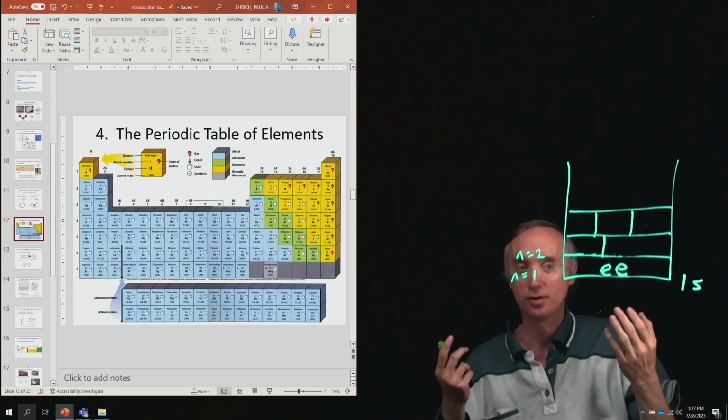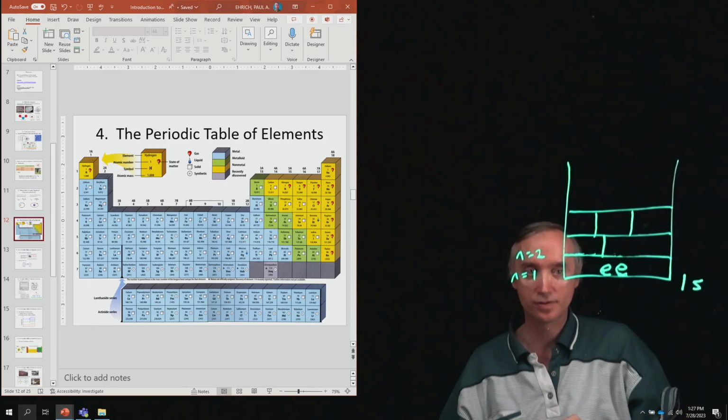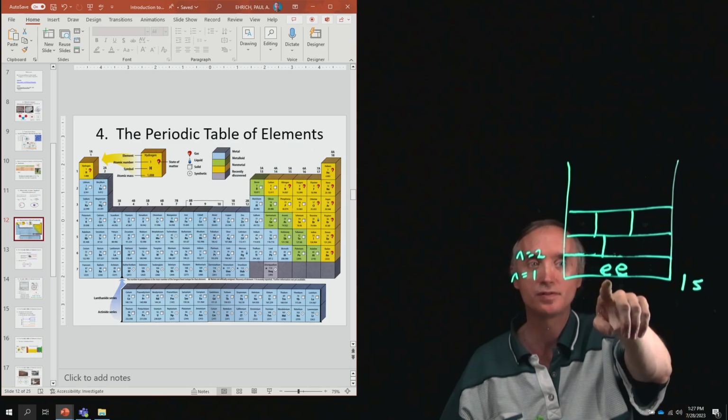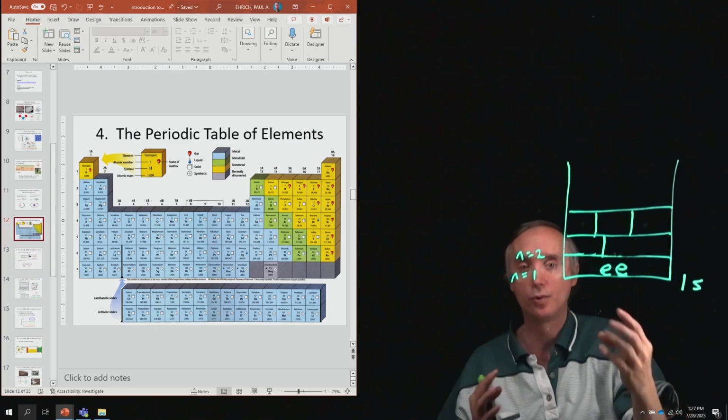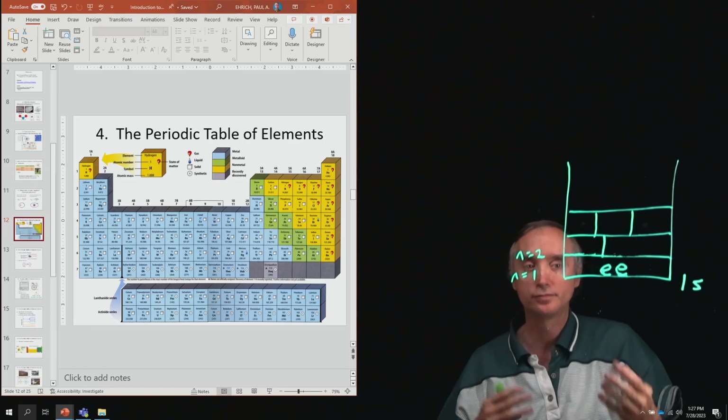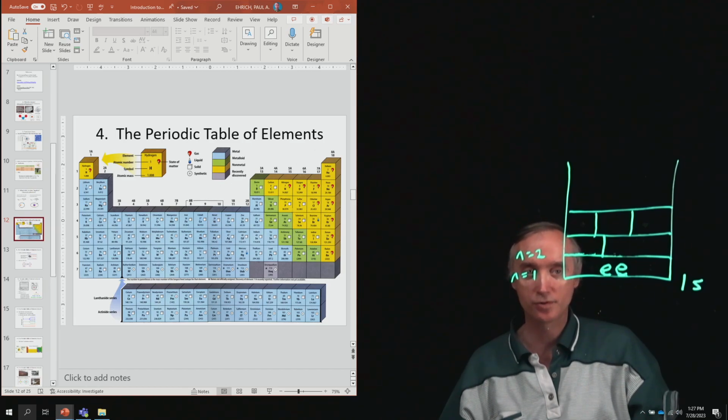Well, it's this quantum mechanics stuff. So in quantum mechanics, you have to use calculus in order to be able to explain all of this, but it turns out that you get these very specific numbers of where the electrons can live. So just trust me, it comes from quantum mechanics.